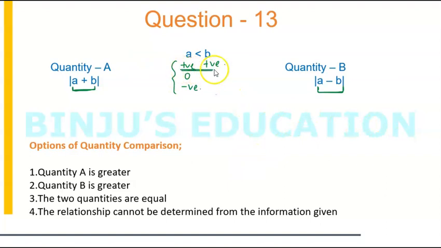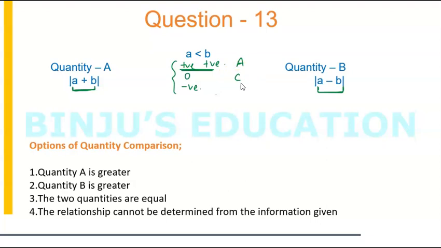So for the first case I can say that A will be greater. But if A is 0 and B is still positive, then A will not matter. In that case, quantity A as well as quantity B both will be mod B, which is simply equal to B. In that case, your answer is C.